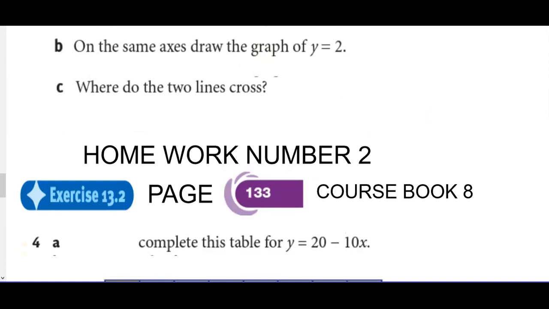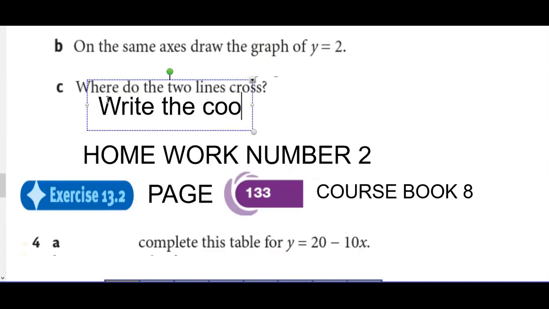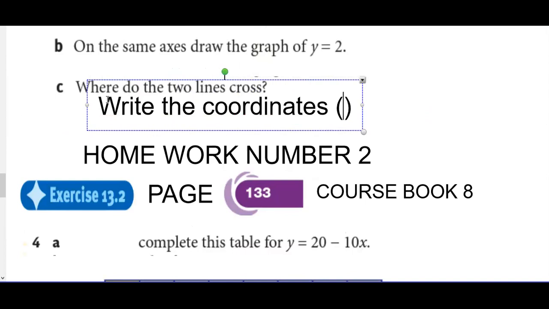Here we need to write coordinates. You need to write the coordinates, and the coordinates should show the value of x and the value of y, and both the values should be separated by a comma, and ensure that you're putting the brackets.